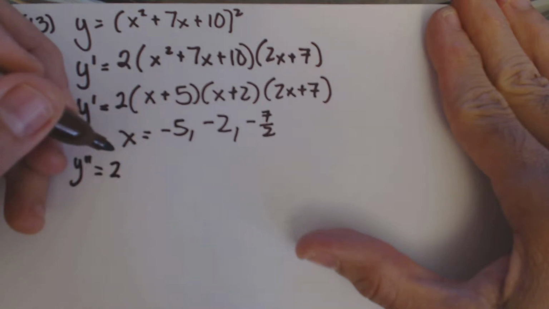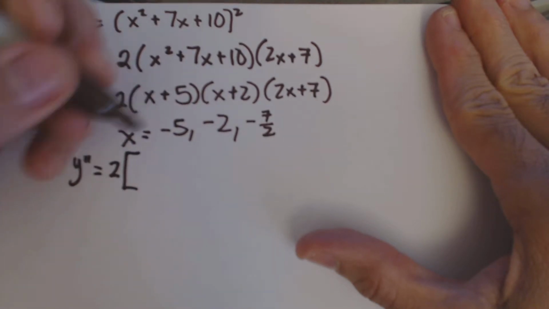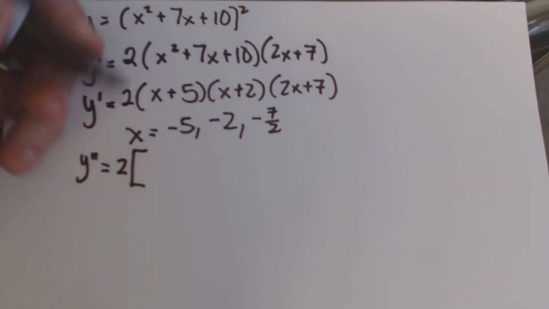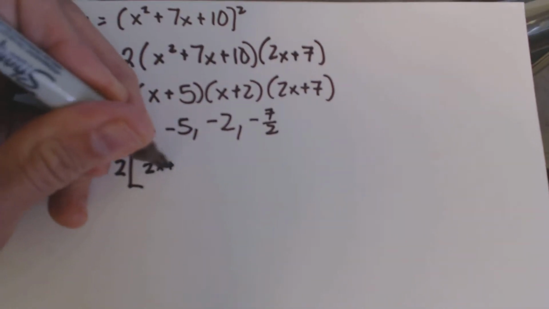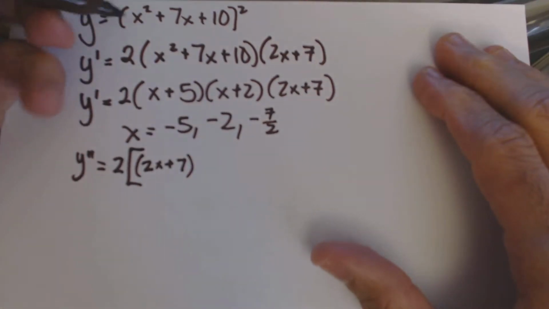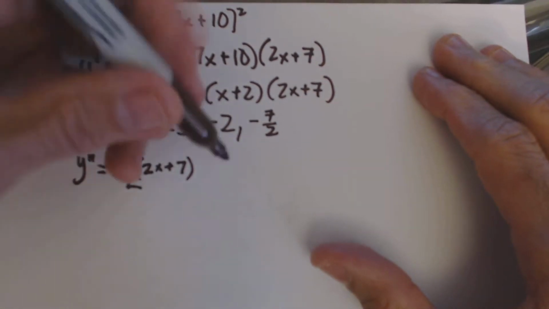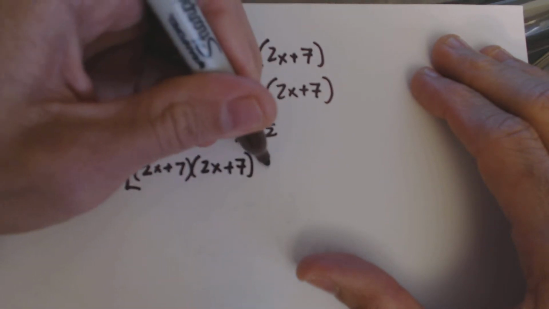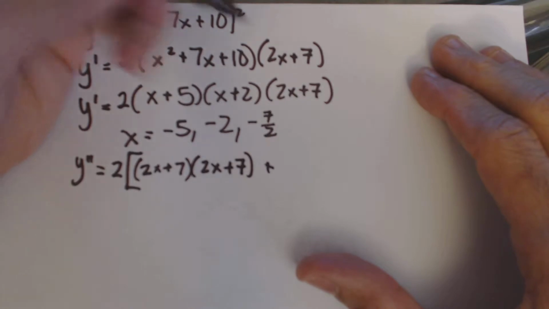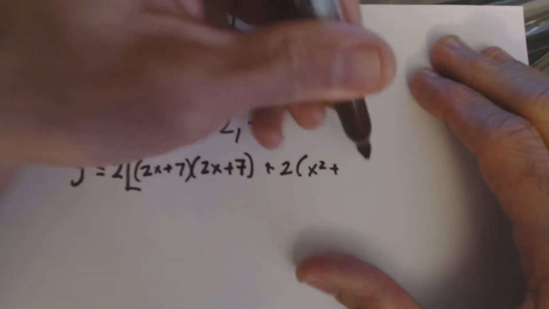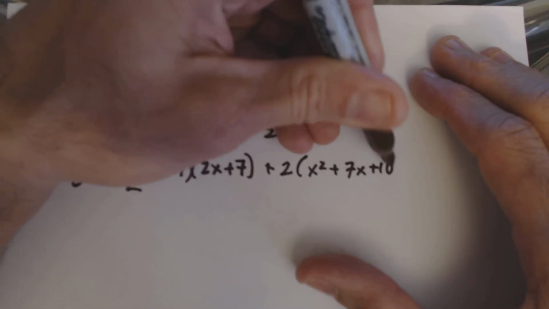So we have the derivative of the first function, which is 2x plus 7, times the second function, which is 2x plus 7, plus the derivative of the second function, which is 2, times the first function, which is x squared plus 7x plus 10.